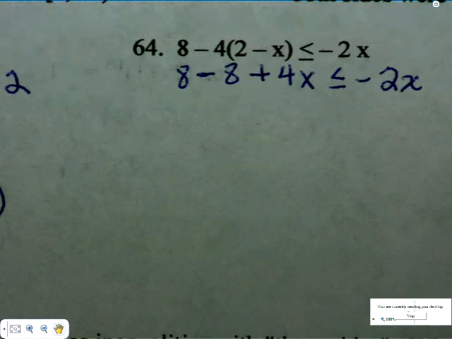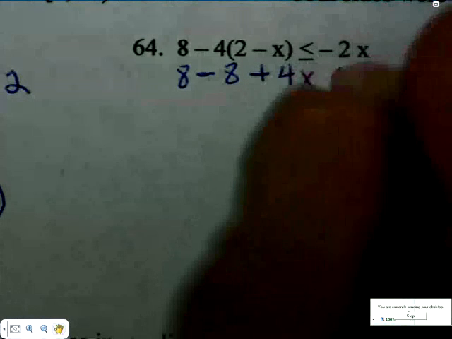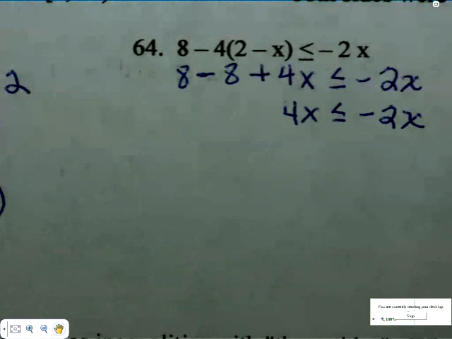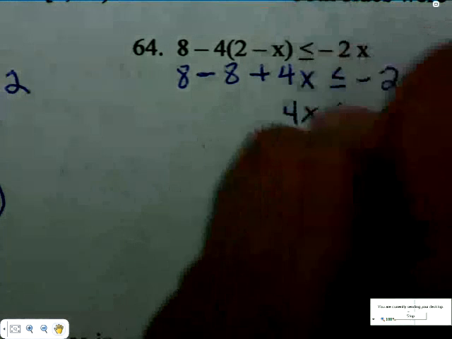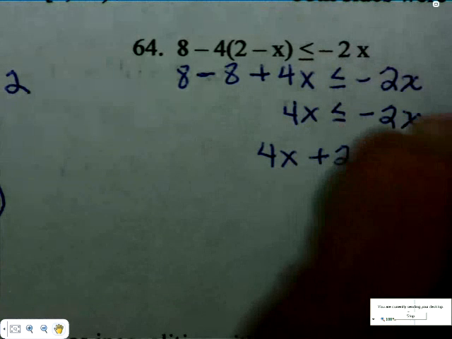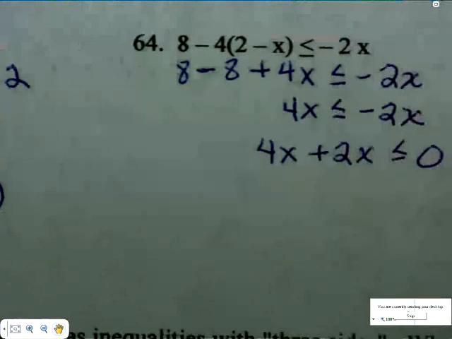That 8 minus 8 is 0, and you just have 4x is less than or equal to negative 2x. What do? Not 2, but 2x. You just add 2x to both sides, and what does that leave you on the right-hand side? Sure. Don't be afraid of zeros.